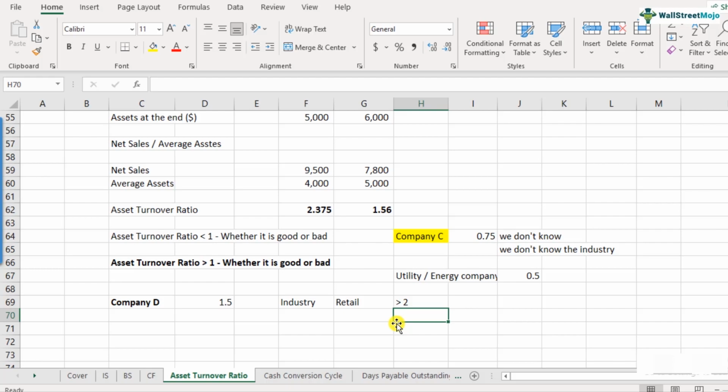The speed at which they have to do that is much faster in retail, so it's usually greater than two on average. If company D is operating in this industry, then it is not doing well, because it is only 1.5. So even though the asset turnover ratio was greater than one, as a whole, compared to the industry, it's not doing very well. That's how you interpret asset turnover ratios.